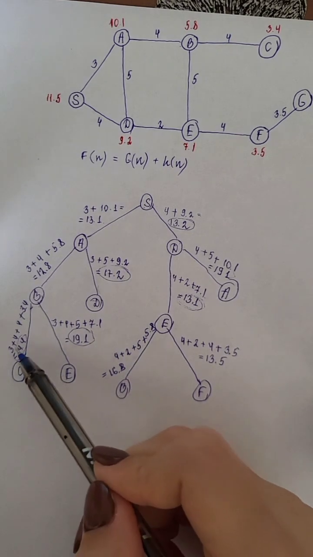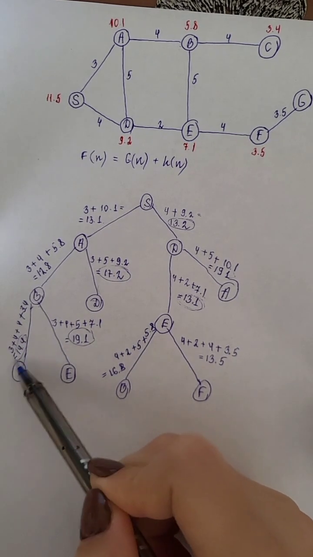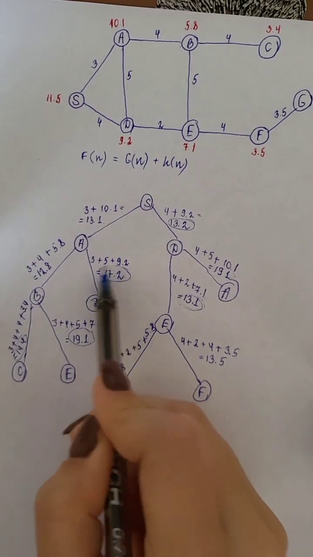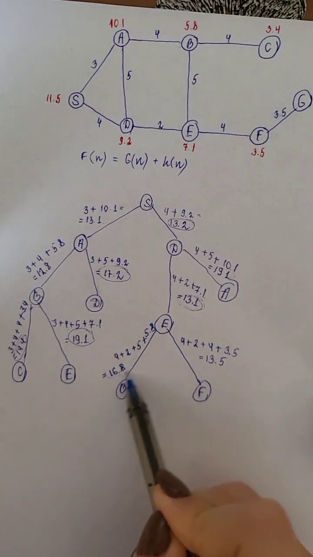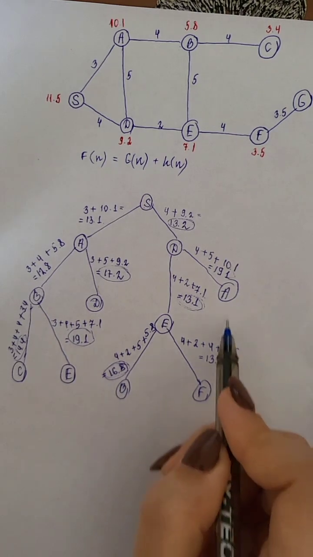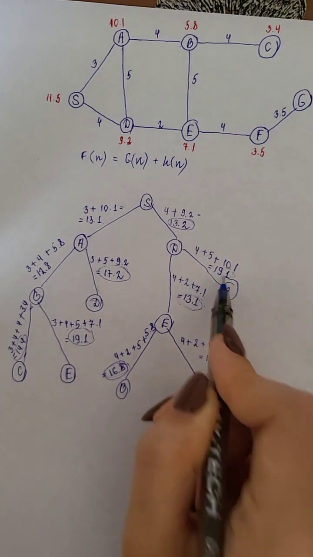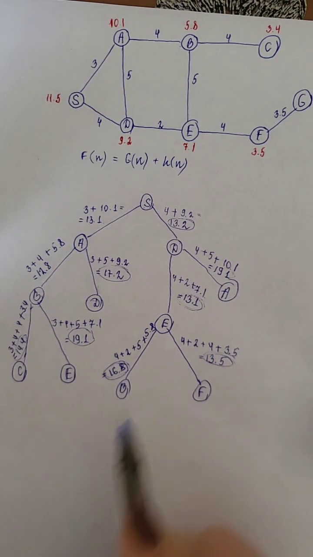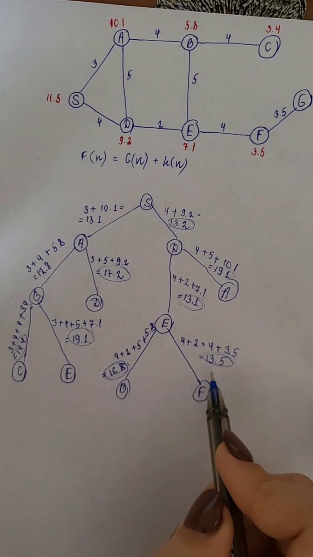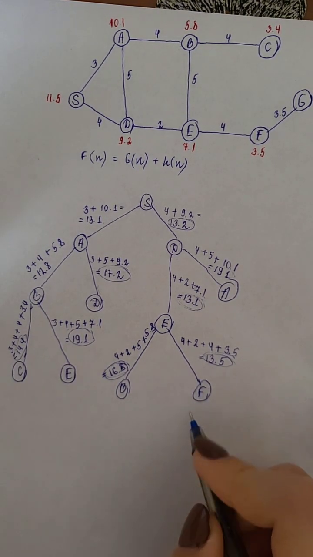And we have again 14.4, 19.1, 17.2, 16.8, 19.1 and 13.5. Which one is the minimum? Of course this one, yes. So we will continue with F.